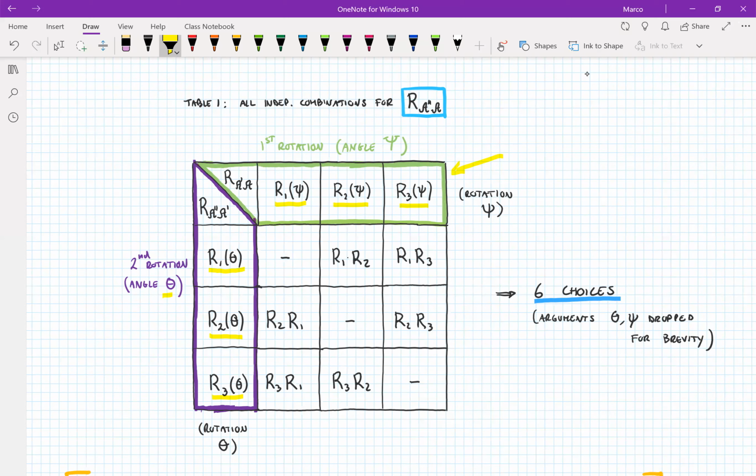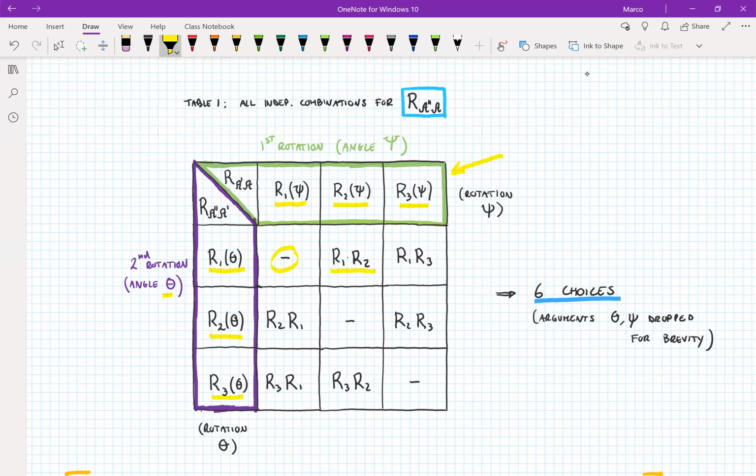So R1 and R1 is not possible because it wouldn't be a succession or a sequence of independent elementary rotations, because you would have two rotations about the same axis. So you would just have R1 of psi plus theta. So that is not an option. Well, now if we take this case, for example, we have R1 times R2. So the first rotation goes to the right and then the second rotation to the left.